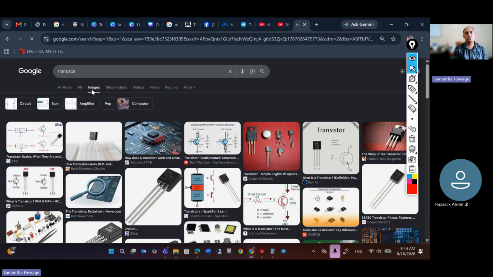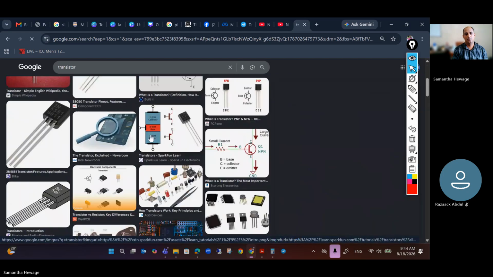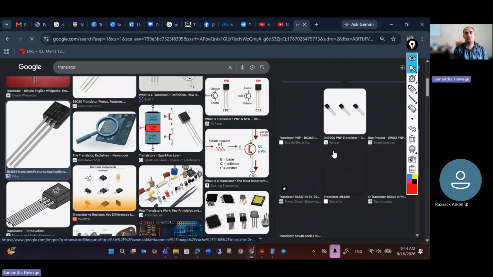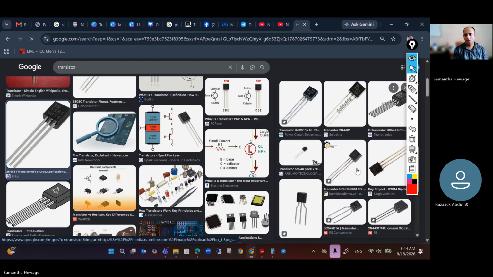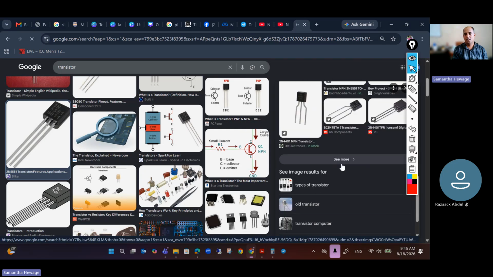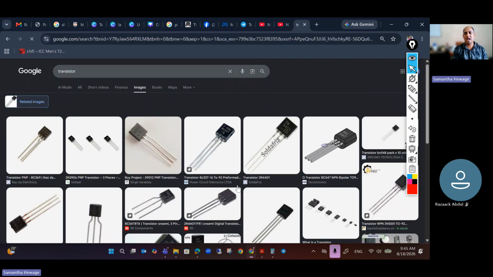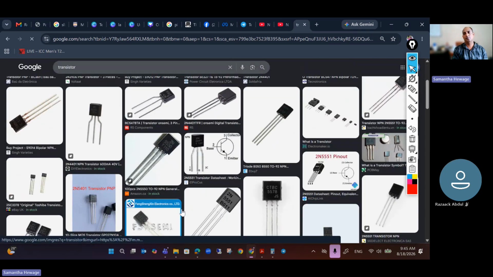So this is the transistor. These things are transistors. Got it? These transistors are used in second generation computers.